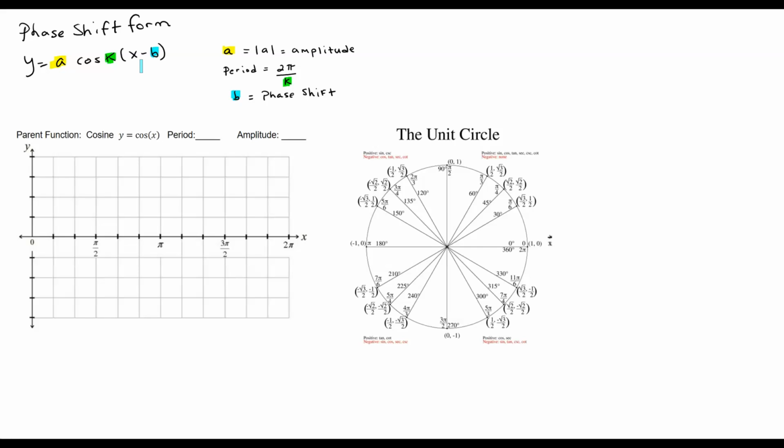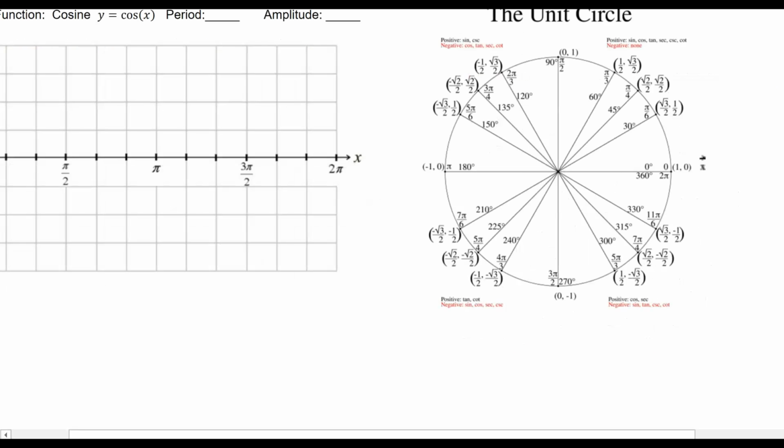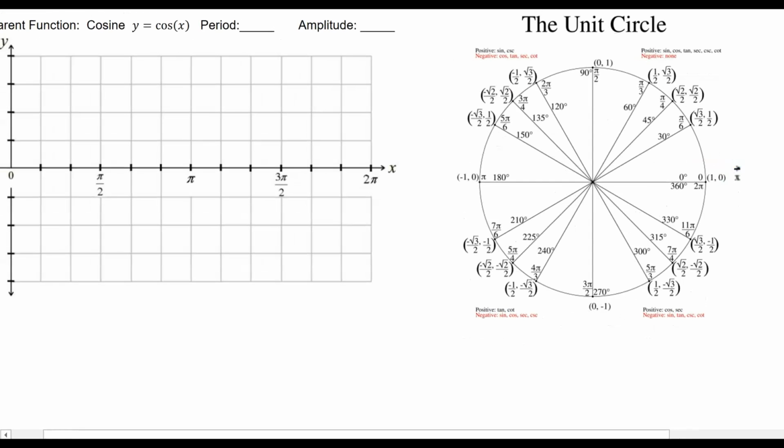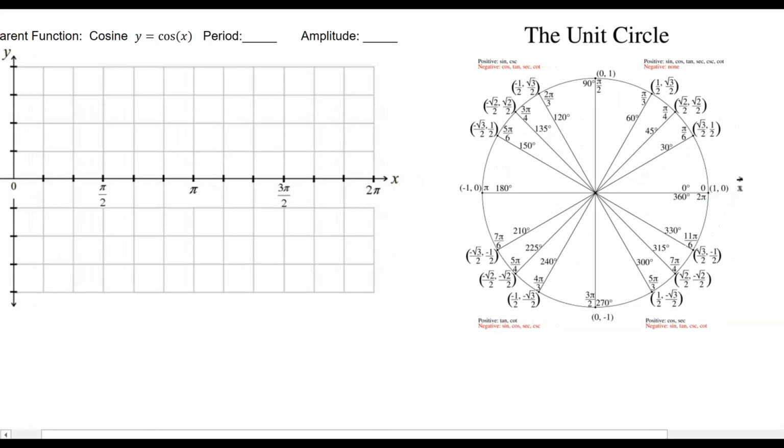Now let's go ahead and take a look at y equals cosine of x by using the values given on the unit circle. So remember that the values for cosine correspond to the x values for each of these terminal points that we're going to be looking for. So we're going to start off with 0 radians.